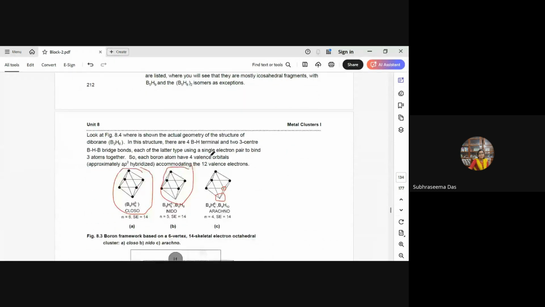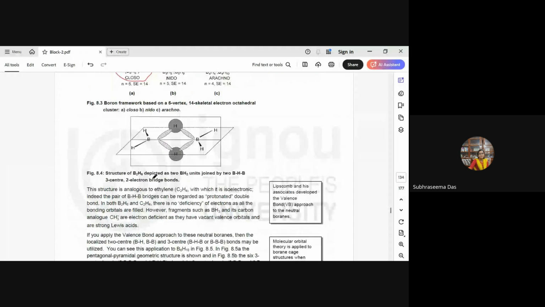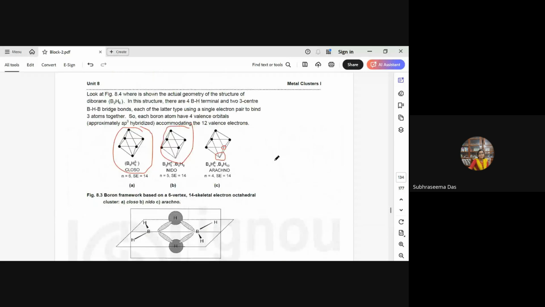Now if we look at figure 8.4, the structure of B2H6 is shown. This is diborane, B2H6. It has a very unique structure. This is the actual structure of B2H6. In this structure, four terminal BH bonds and two 3 center BHB bonds are present.